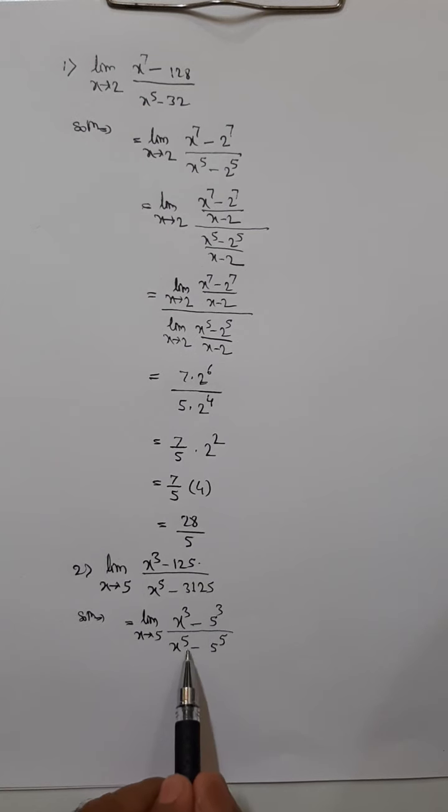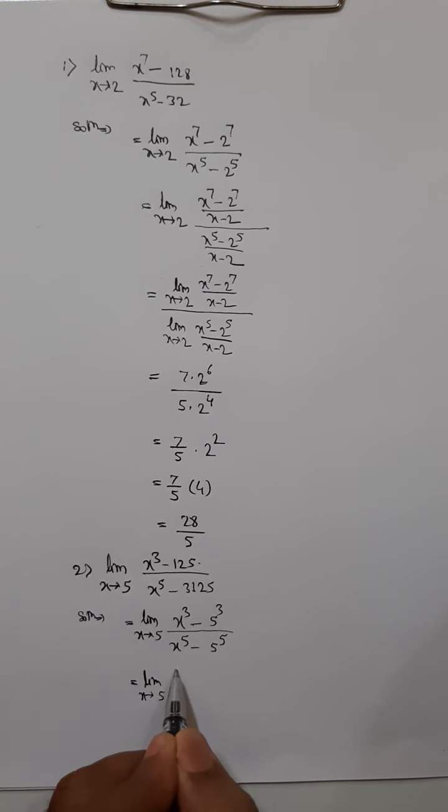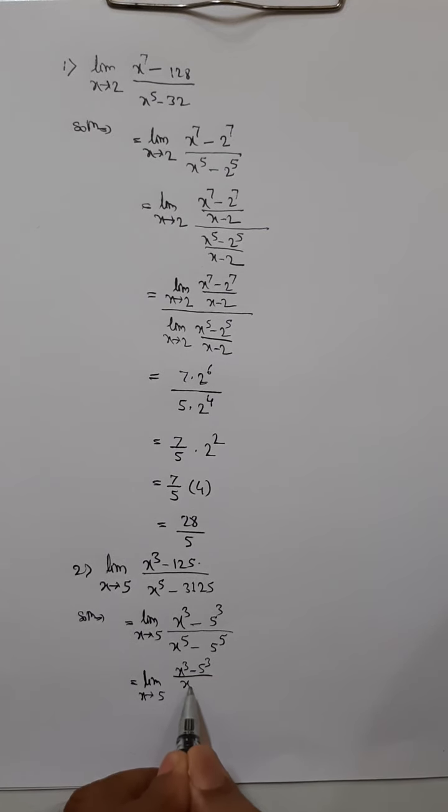Here the index is the same, and in the denominator also the index is the same. Then by the formula, the denominator must be x minus 5. So limit as x tends to 5, (x cube minus 5 cube) divided by (x minus 5), and the denominator (x to the power 5 minus 5 power 5) divided by (x minus 5).